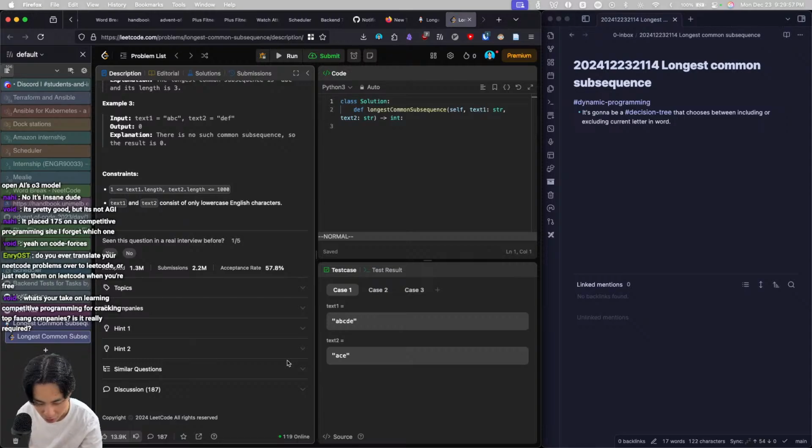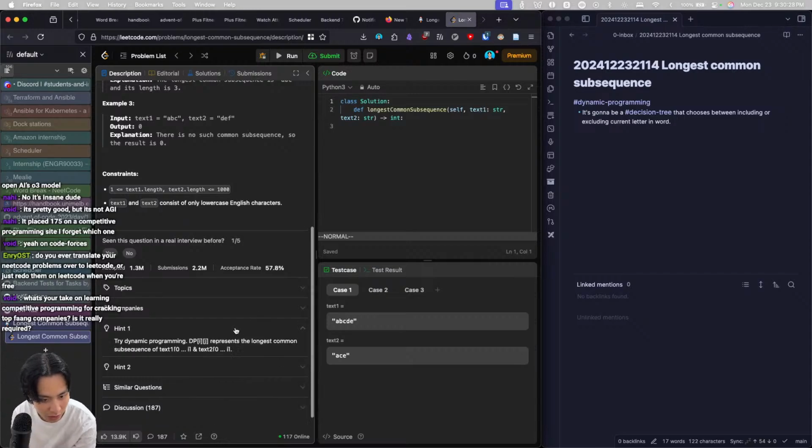I'm learning LeetCode. That's the main difference. There is a difference between competitive programming and just learning LeetCode. So I don't think it's required. I feel like competitive programming is harder in general.